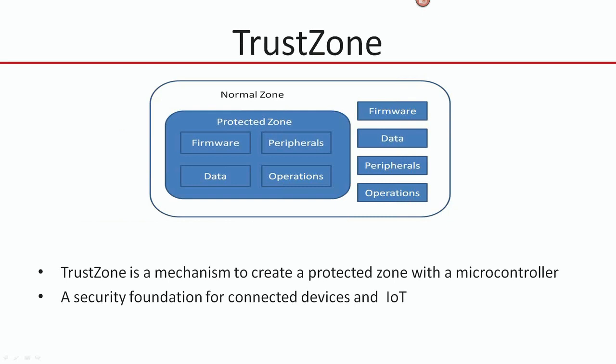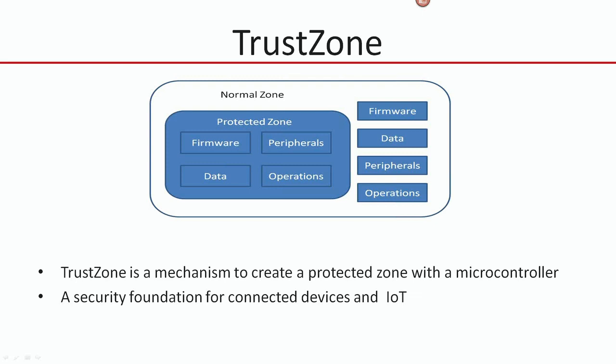However, I think probably the major addition for the new ARMv8 architecture is the addition of TrustZone for Cortex-M. Effectively, this is a way of creating a protected zone within your application. You can think of this as a container where we can put code, data and peripherals that are invisible to code that's executing in the normal mode of the processor.